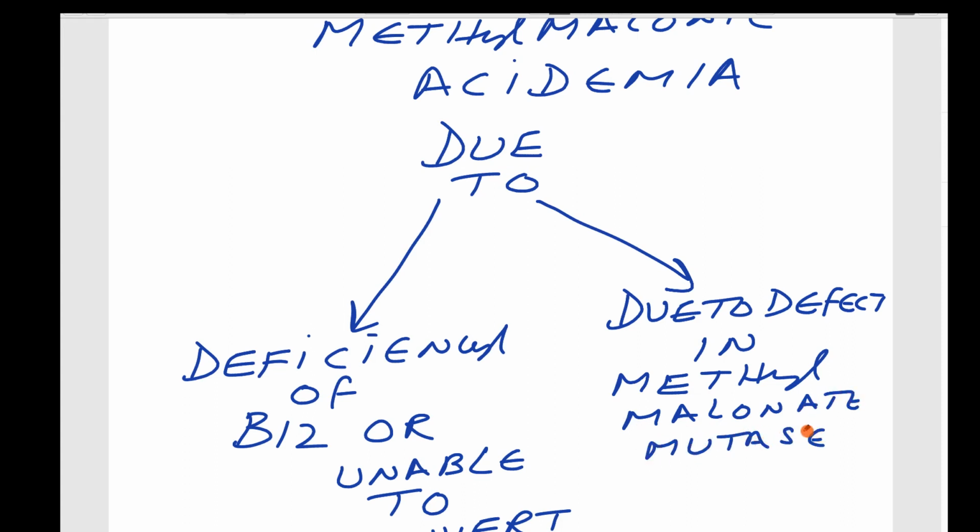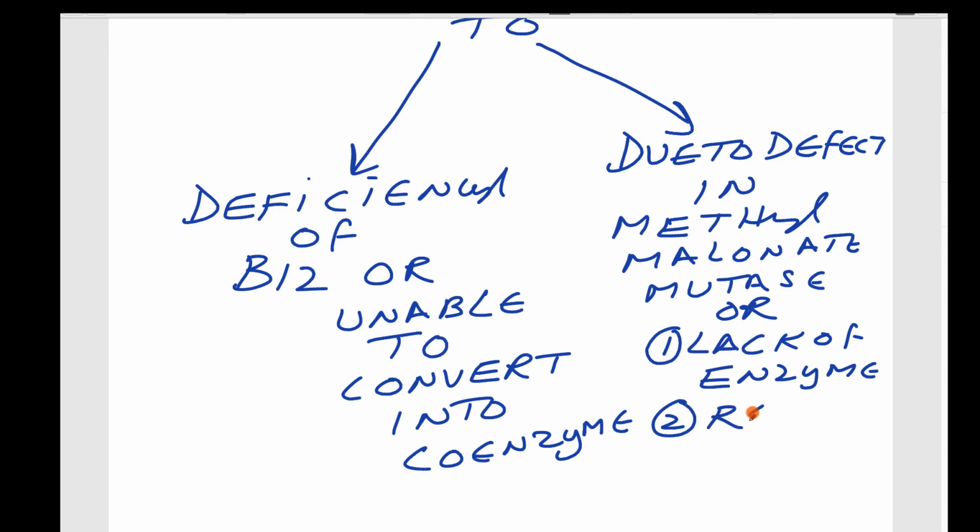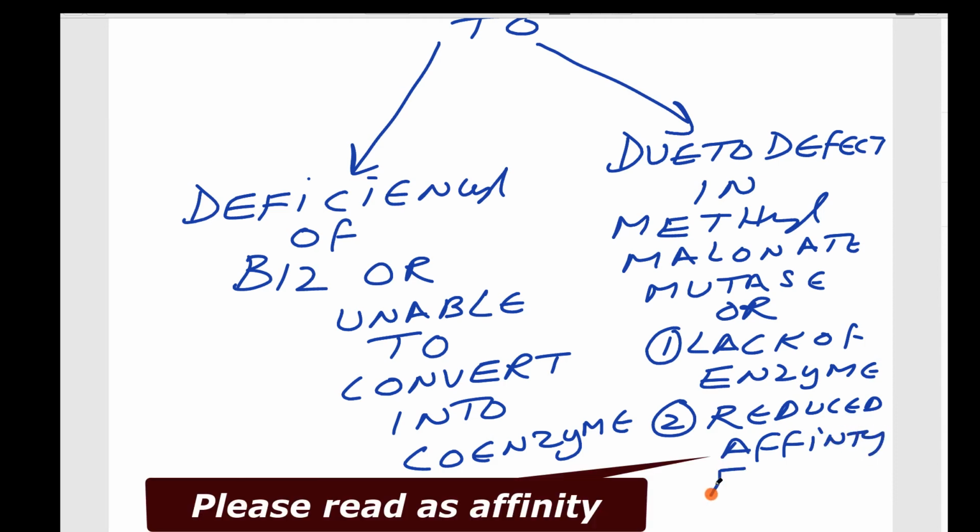It may be hereditary. One reason is lack of the enzyme. The second reason may be reduced affinity for the coenzyme.